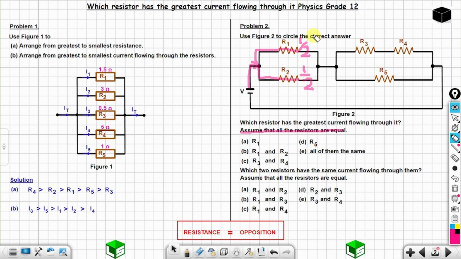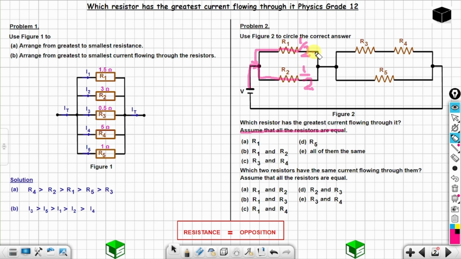So 50% of the current coming from the battery will flow on this branch, and 50% on this branch. The value of this resistor is equal to the value of this resistor. This is why the current is going to split equally.